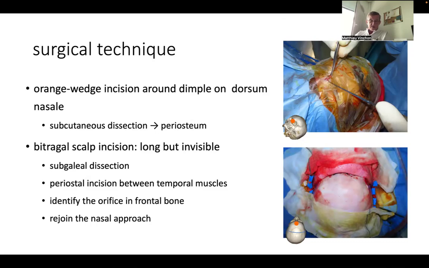We do a bitragal incision, which is a long incision, but it is invisible because it is entirely in the hair. We do a subgaleal dissection of the frontal bone and periosteal incision between the temporal muscles. We go down to the nasal bone to identify the orifice in the frontal or nasal bone, and we rejoin the nasal approach.